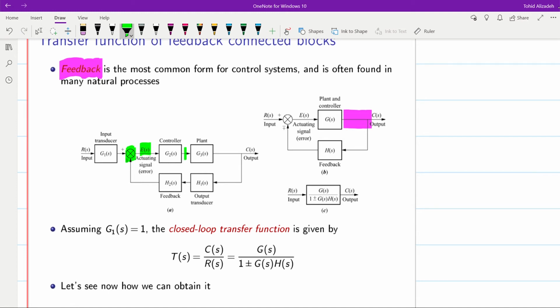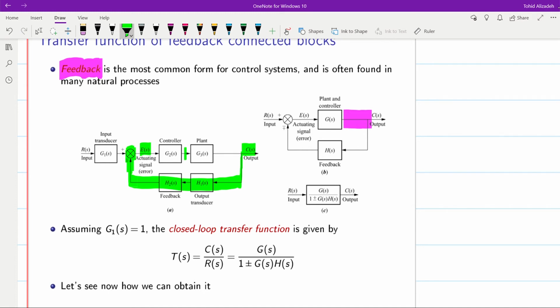And then here we have the output signal C of S. But then this signal is fed back through this loop. So it goes and it arrives at the input of the summing point. And we know that the output of the summing point will be used as the input of the system. So we will have a loop over here.